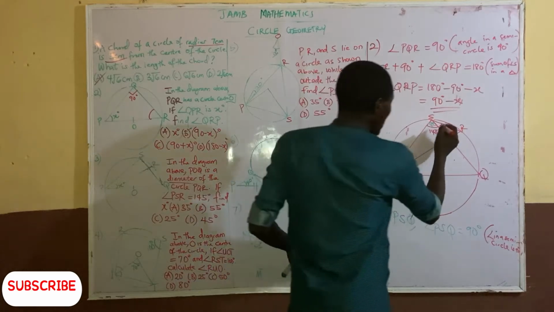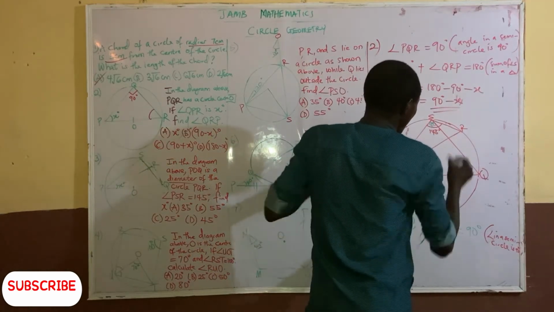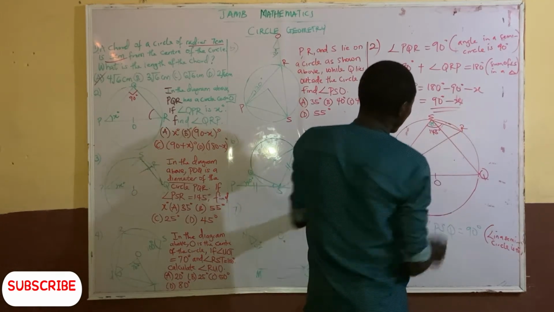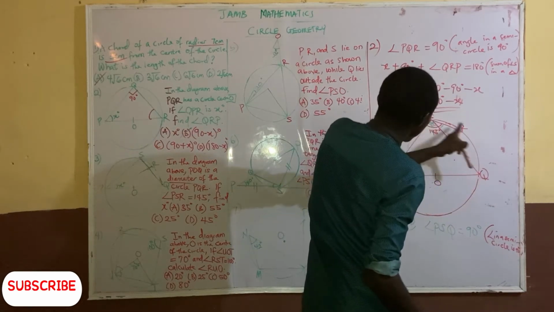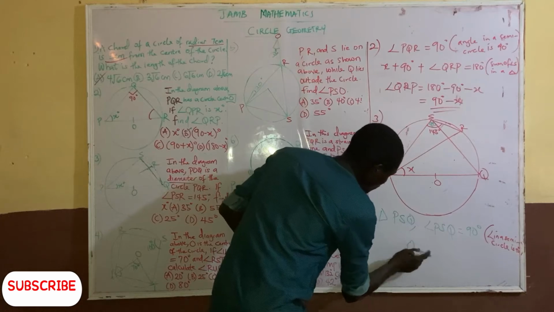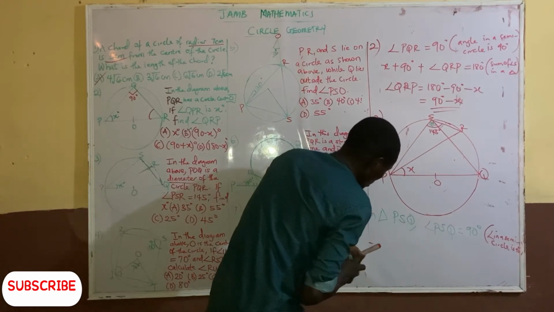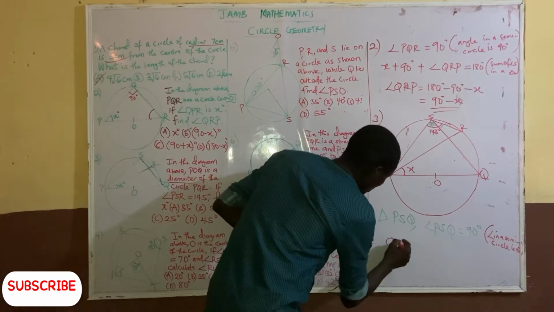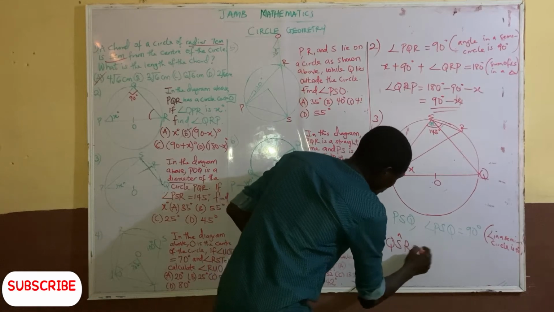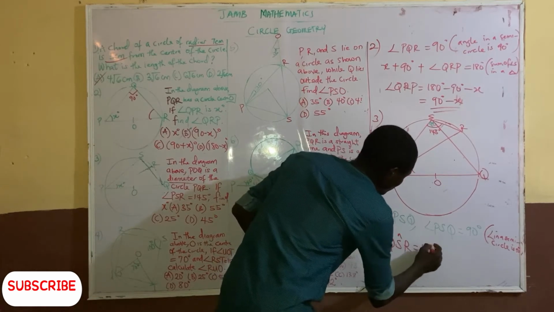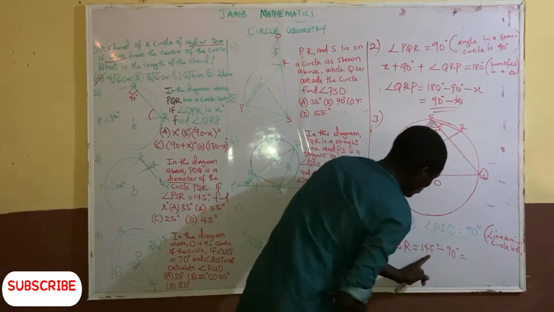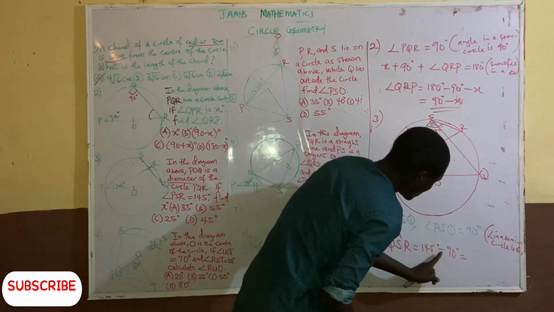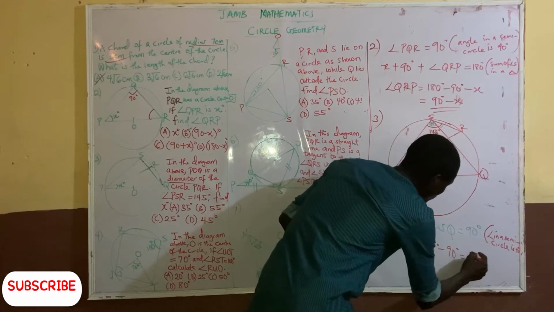So now you can easily calculate angle QSR. Angle QSR is equal to 145 degrees minus 90 degrees, which will give 55 degrees.